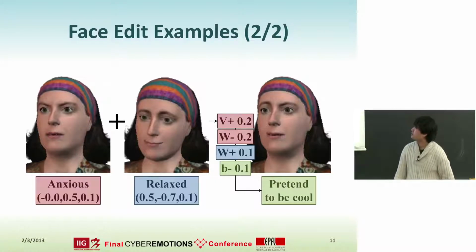And we modify the valence. We put a higher valence on the anxious emotion to hide this anxious feeling, and we also increase the relaxed expression to really hide this anxious situation. So finally, we have this kind of expression.